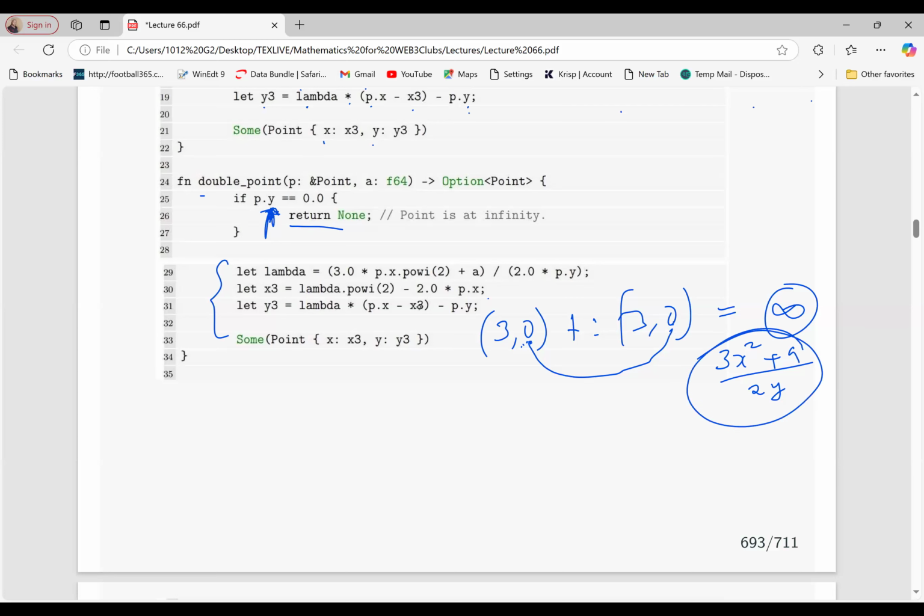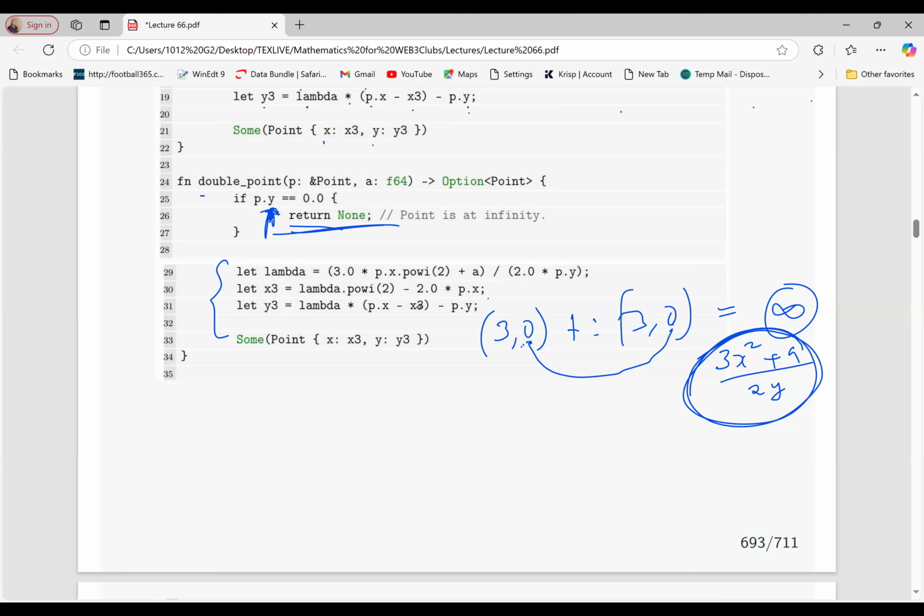Look at this. This formula will not give you anything if the y value is 0, because you'll be doing division by 0, which is not possible. And so when the y value is 0, we know the result to be point at infinity. You don't need to waste time adding that. The only time you need to do the addition is when the y value is not 0.